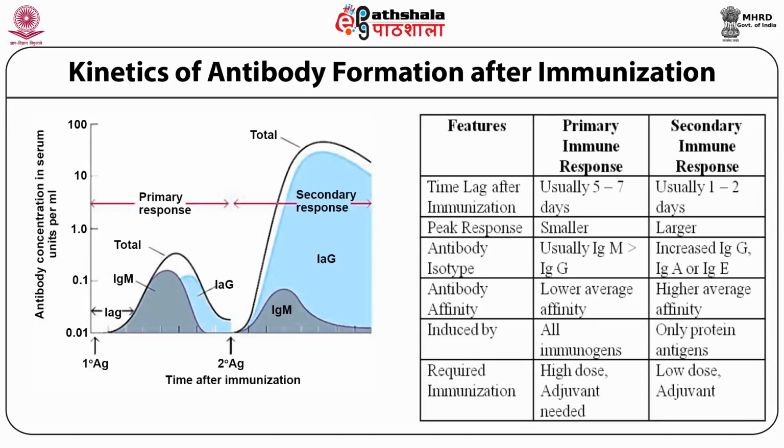Initially, IgM is produced, but class switching takes place and the IgG response is higher, but slightly later in the time frame. The secondary response after giving a booster dose, which is a repeat of the primary response events, consisting of switching over to IgG, in this case is quicker and the response is more intense.